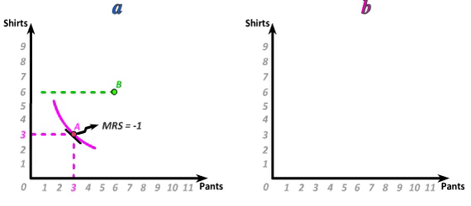Next, suppose that you double my current consumption bundle to 6 shirts and 6 pants, giving us bundle B in our graph. We again have an indifference curve that passes through bundle B, and the question is, what slope might we expect for that indifference curve at bundle B, or what marginal rate of substitution might we expect at bundle B? I argue that it's reasonable to assume that the marginal rate of substitution at bundle B is also equal to -1.